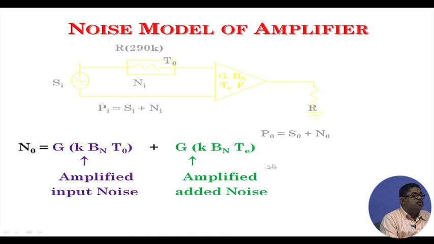It will also add its own noise, G into K Bn T, the amplifier-added noise. So the input noise is multiplied by the gain, and the amplifier's own noise generated here is also multiplied by the gain.